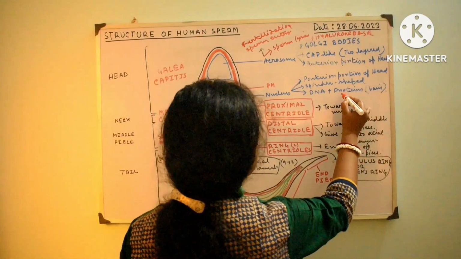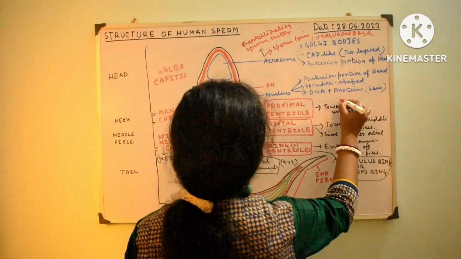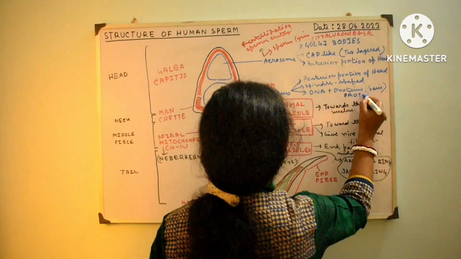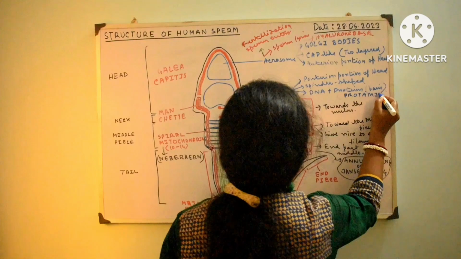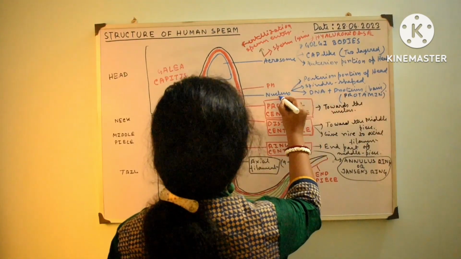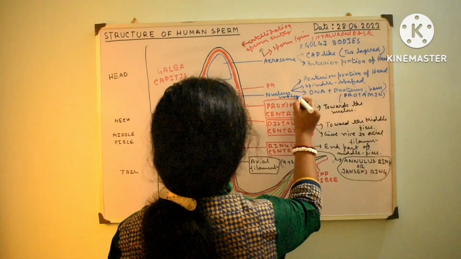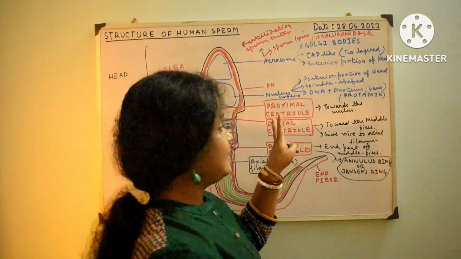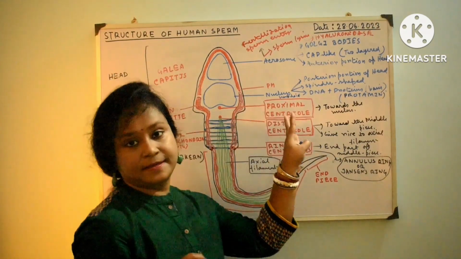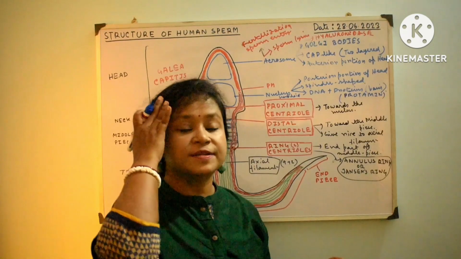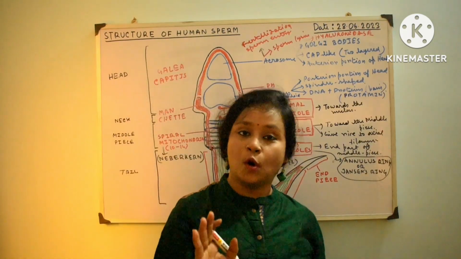I have already discussed it is rich in protein, mainly protamine. The sperm nucleus is haploid. Now this proximal centriole is donated to the egg at the time of fertilization when the zygote is formed.